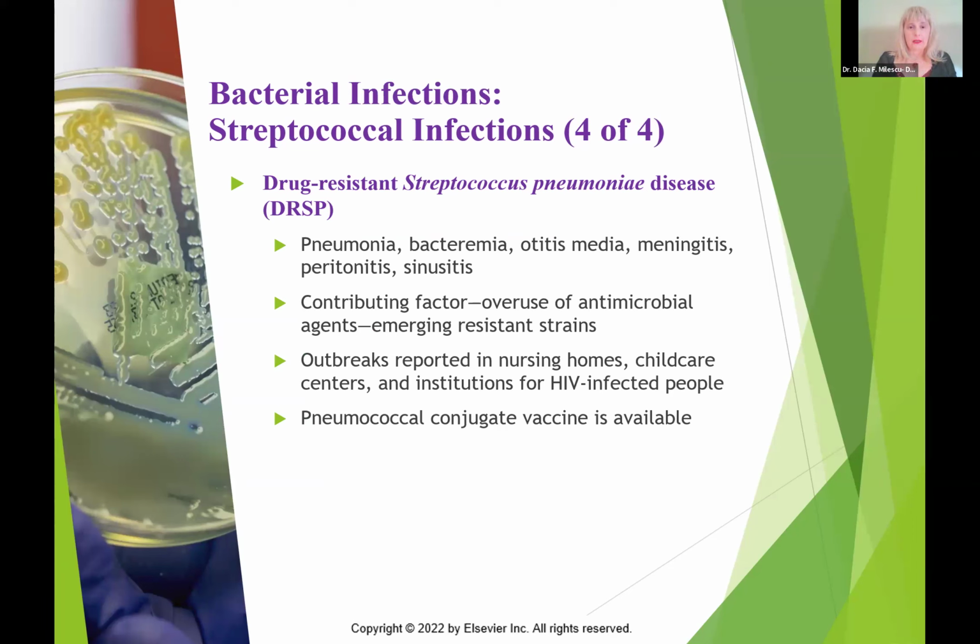DRSP causes pneumonia, bacteremia, otitis media, which is ear infection, meningitis, peritonitis, and sinusitis. So what's peritonitis? Well, it's inflammation of the peritoneum in the abdomen. So this can cause a lot of serious issues and high morbidity and mortality rates. Contributing factors can be overuse of antibiotics and emerging resistant strains, for example.